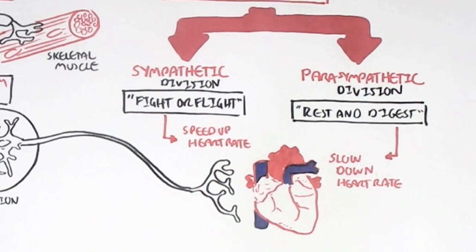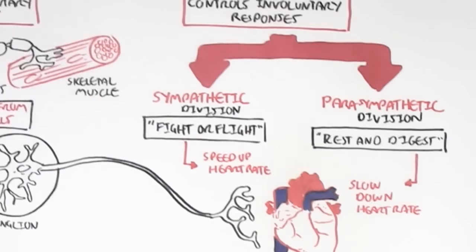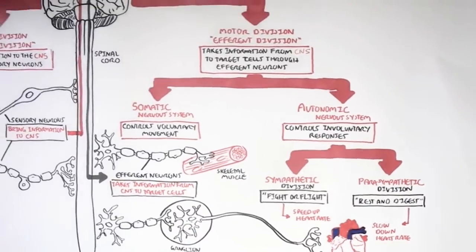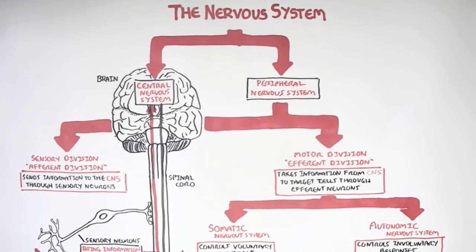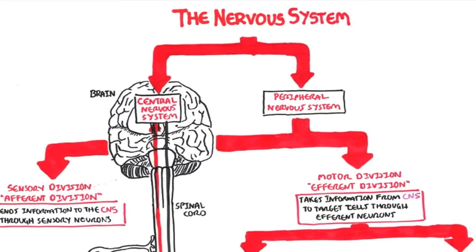What you have to try to understand is that the sympathetic and the parasympathetic response does not only target the heart, it can target other organs. For example, it can target the gut and the salivary glands, but both have opposite responses to each other. And that concludes the video on the divisions of the nervous system.